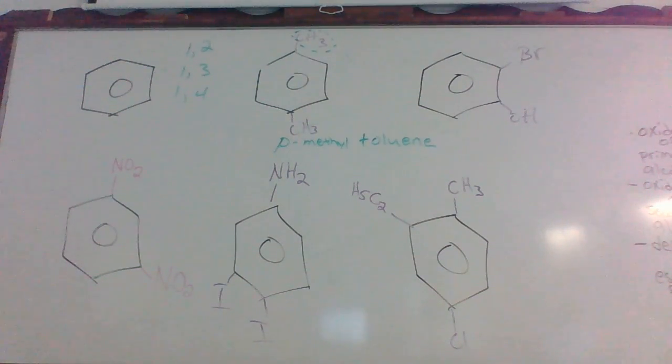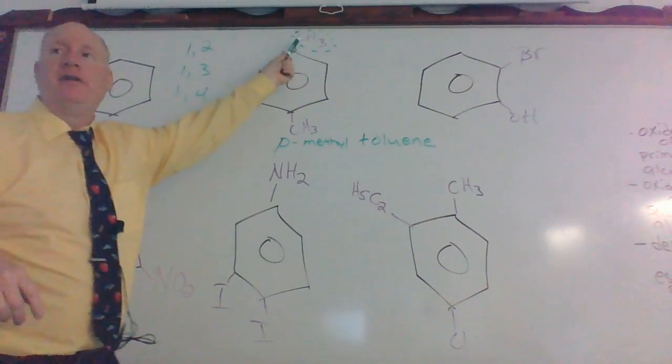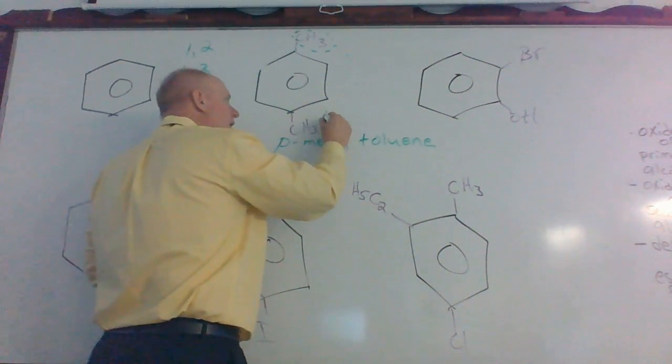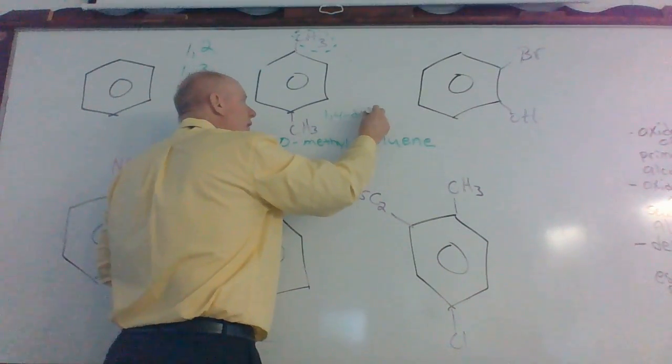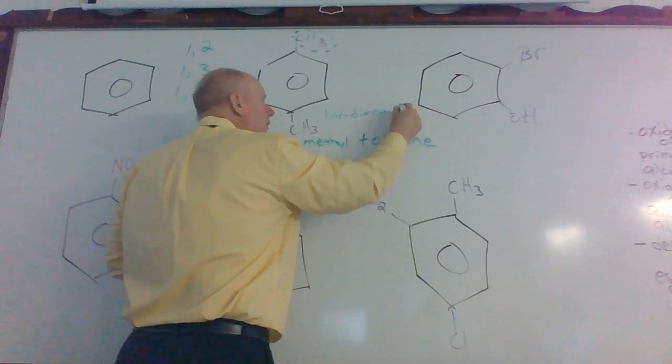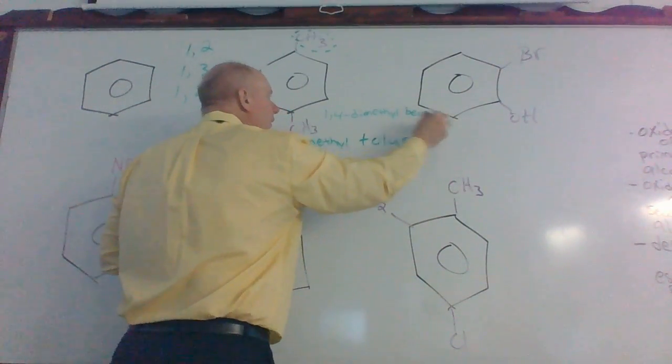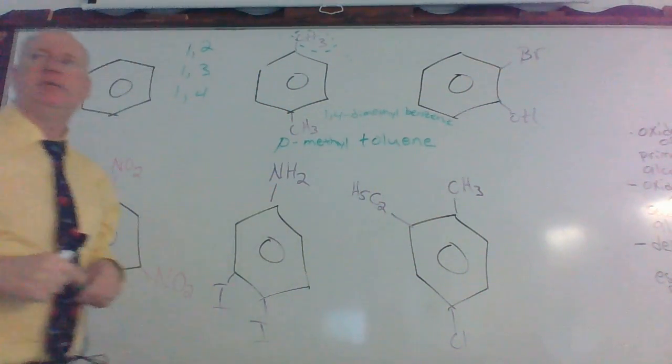Nope. When you say toluene, you're saying that there's a methyl group on there already. So yes, you could say 1,4-dimethylbenzene. That's the same as saying paramethyl toluene.